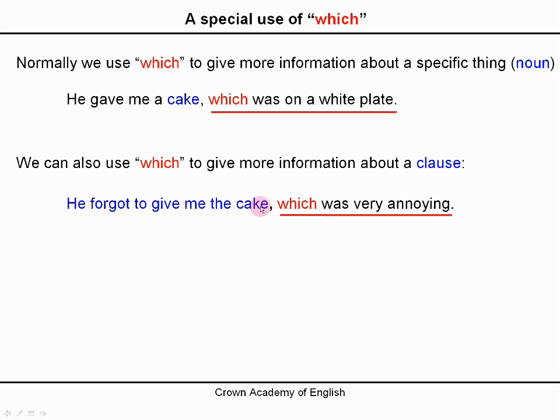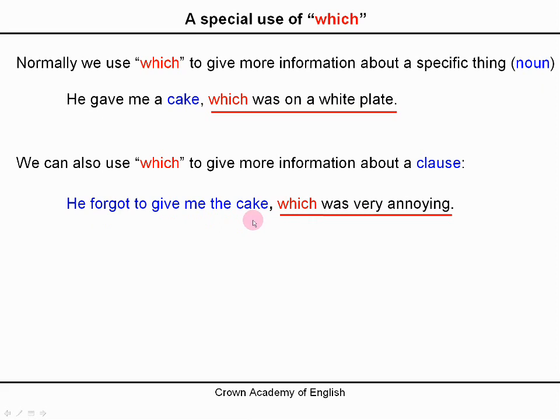He forgot to give me the cake, which was very annoying. So here, this is the non-defining relative clause, but the word which, the relative pronoun which, is referring to all of the clause.